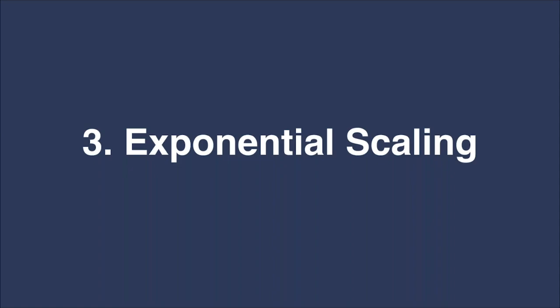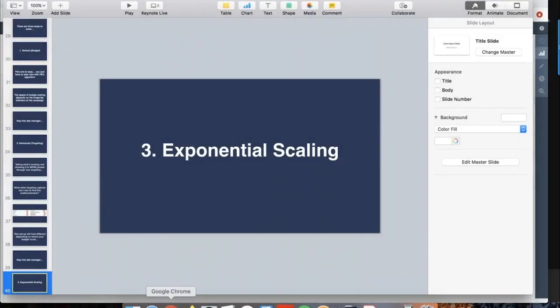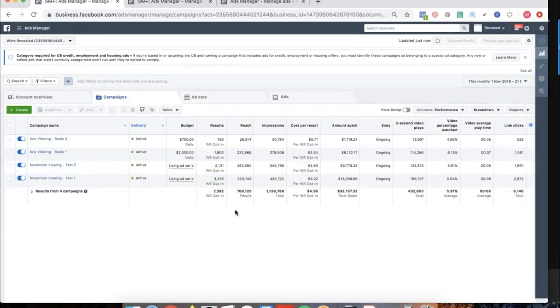Facebook just can't find as many people to take the action that you're requesting at the cost that you're looking for. So we overcome that by finding new audiences, by creating new offers for our current audiences. So fatigue will depend on who you're targeting, how many people you're targeting, and how quickly you're spending your money.